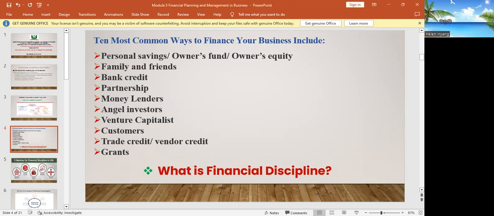Then trade credits and vendor credits. This is another source of funds for financing your business. Here, by negotiating a deal with your suppliers, payments for raw materials or goods supplied may be deferred to the future.